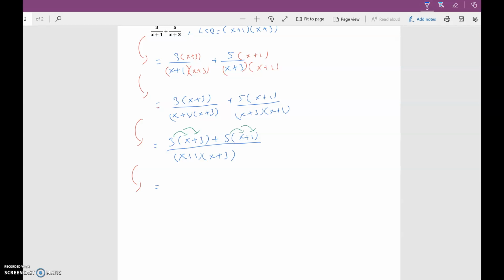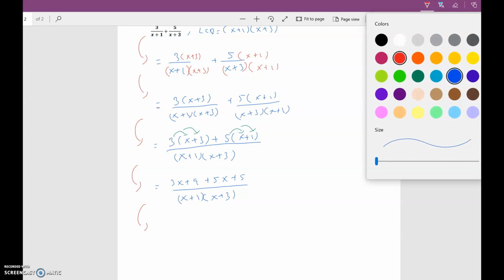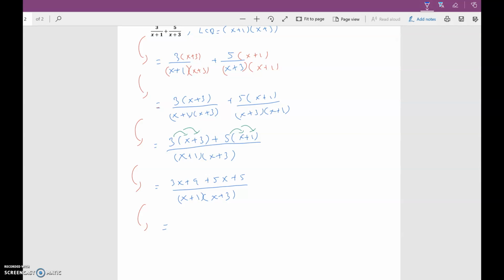So we're looking at 3x plus 9 plus 5x plus 5 all over x plus 1 times x plus 3. So this fraction, we can express as 8x plus 14 over x plus 1 times x plus 3.